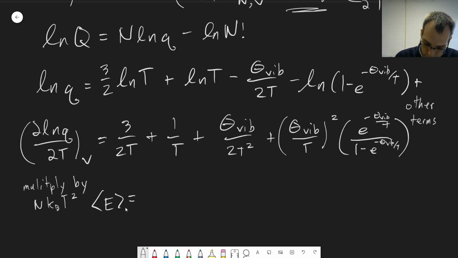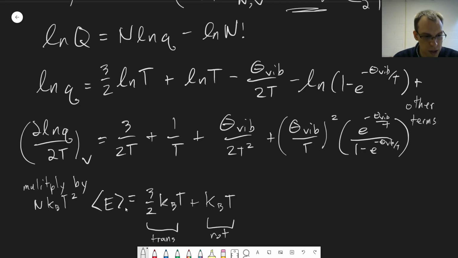We get 3/2 kBT plus kBT. Again, this is translational and rotational energy, plus theta vib over 2 kB. This is zero-point vibrational energy.